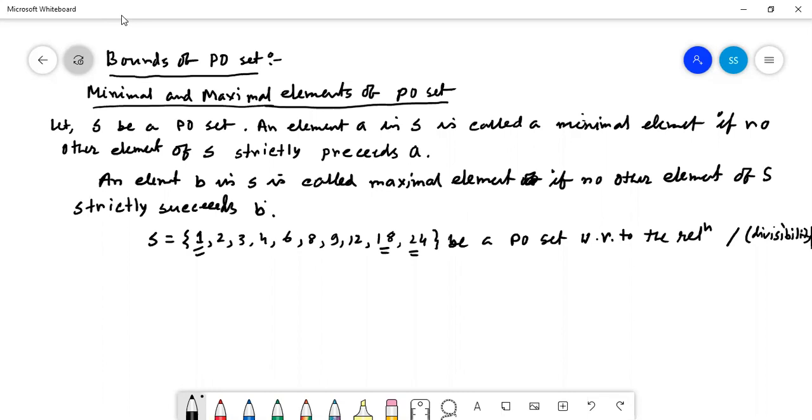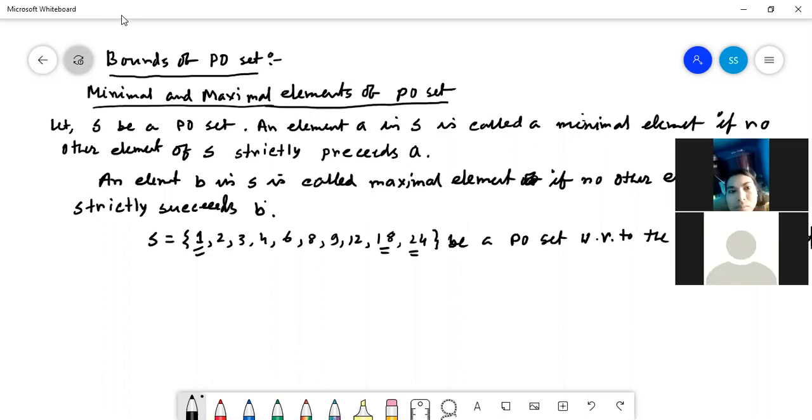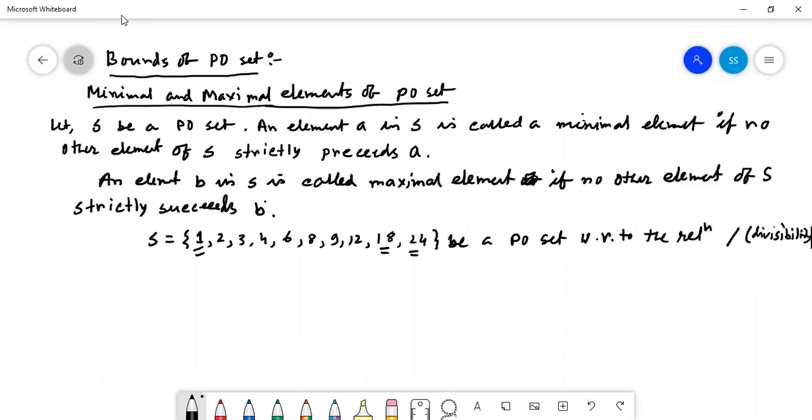So next day we are taking some examples of this POSET. Then we are going for lattices, because today only 1.5 minutes are left.